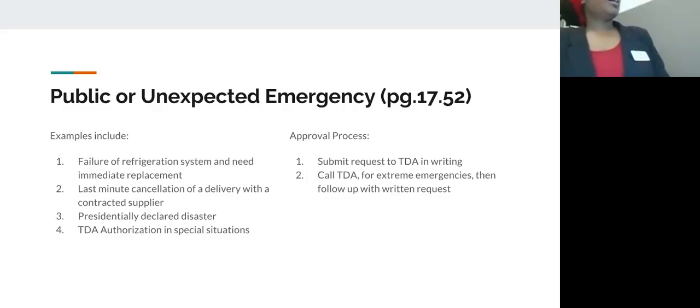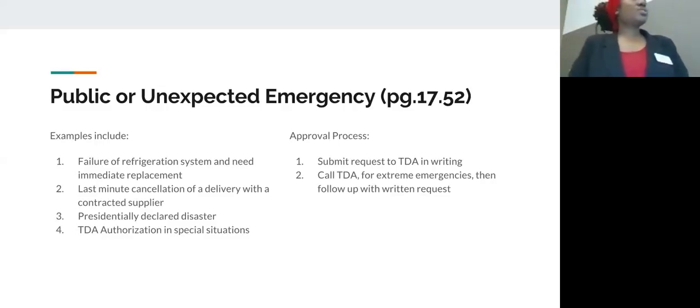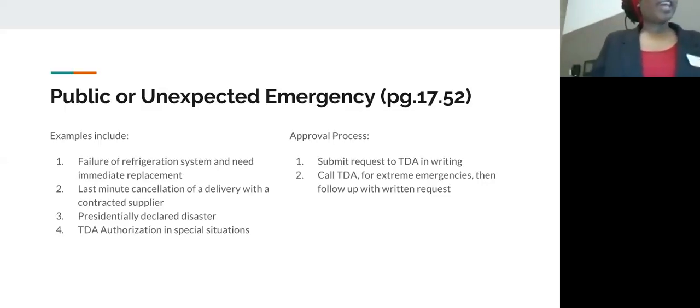Primarily the approval process, you would submit your request to TDA in writing, and in a super extreme situation, bottom line, number one, you're going to make sure certain things are being done. Like, okay, if there's a fire in the school, or if the lights are going out, or, God forbid, any sort of flooding or natural disasters were to come our way. If they do, first and foremost, make sure the kids are taken care of.